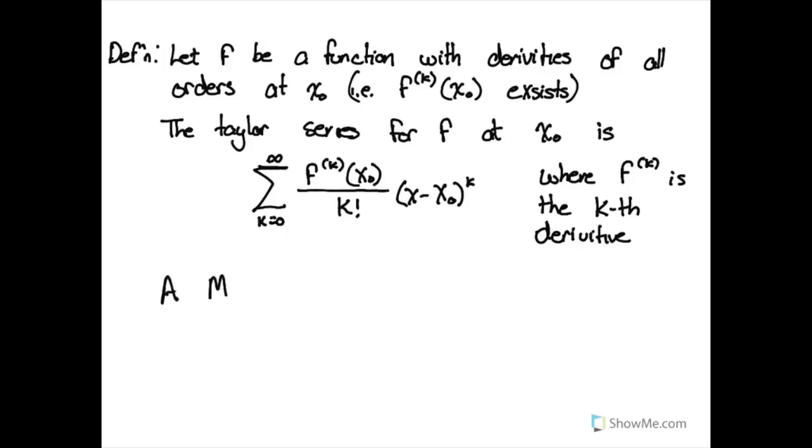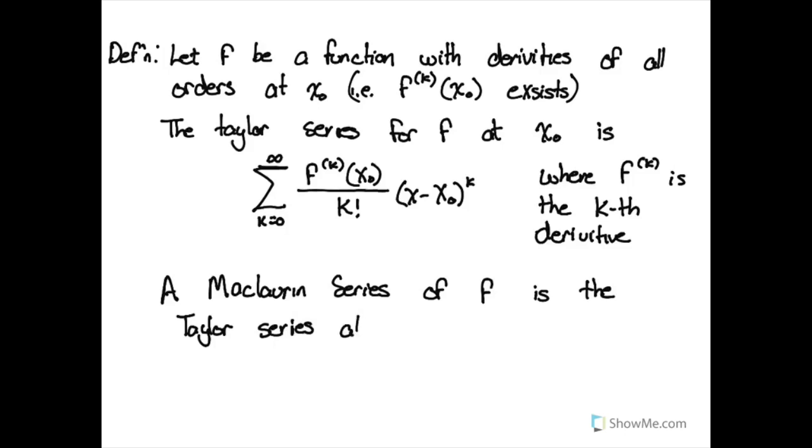And a Maclaurin series of f is the Taylor series centered at 0. In other words, it's of the form the kth derivative of f evaluated at 0 over k factorial times x to the k.